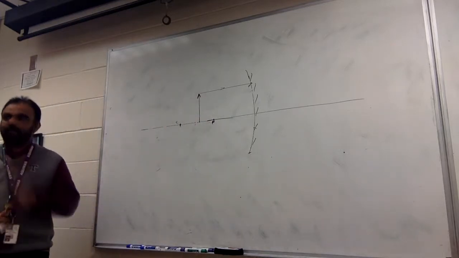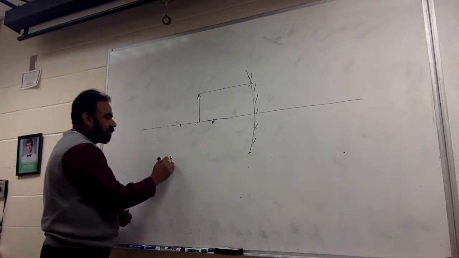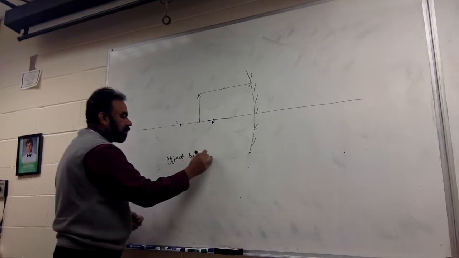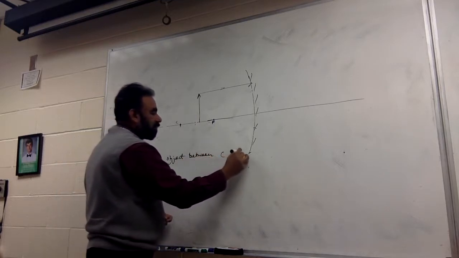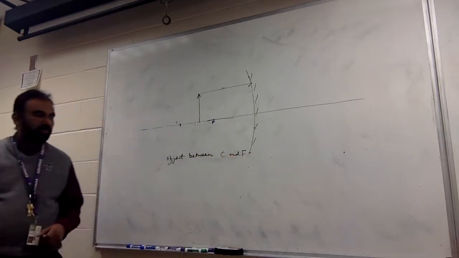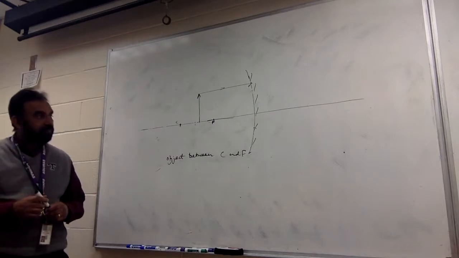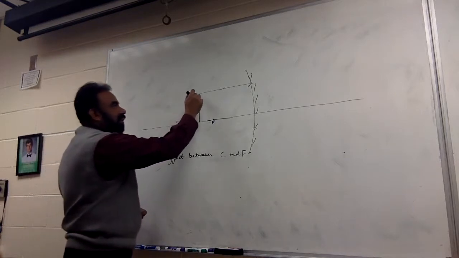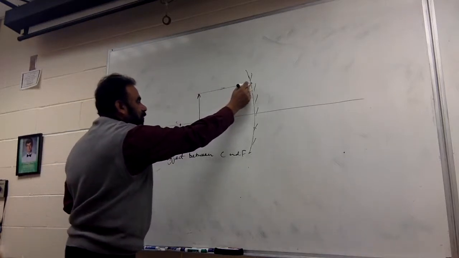If I put the object closer, so object between C and F, how is the ray diagram going to be formed? Watch. A ray that goes parallel will go through the focus.